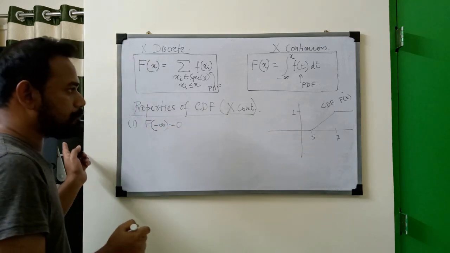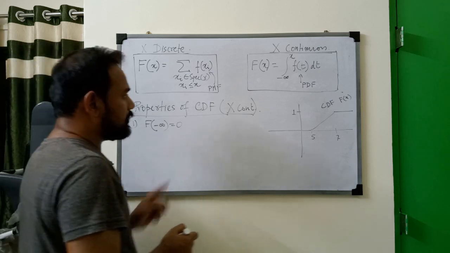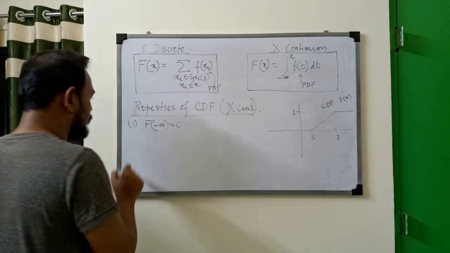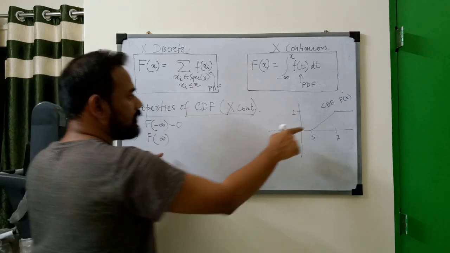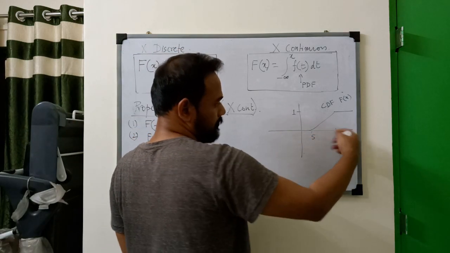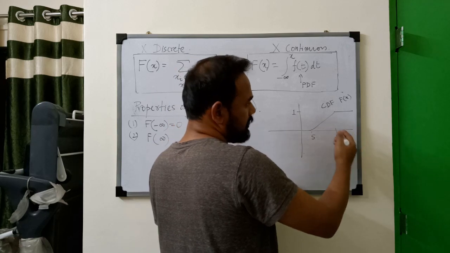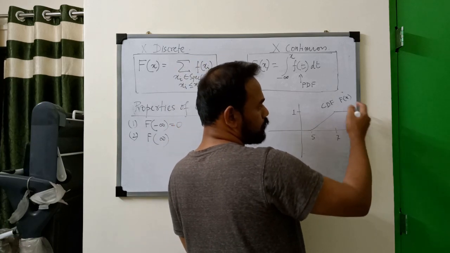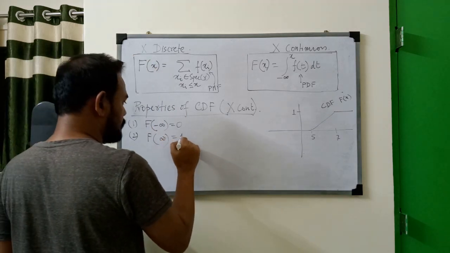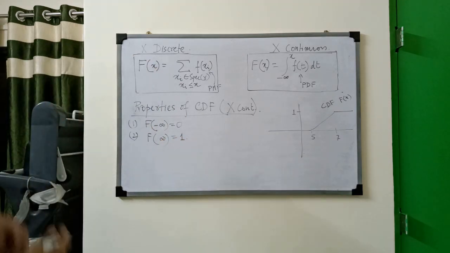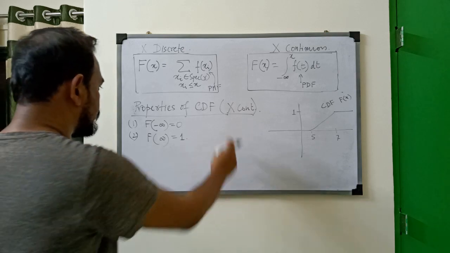And this was the same thing that happened in the case when x was discrete. Similarly, if you take x to infinity, if you go beyond the last spectral point, it remains 1, sort of achieves 1 by the time it reaches infinity. So this goes to 1, and we have seen that in the previous case as well.